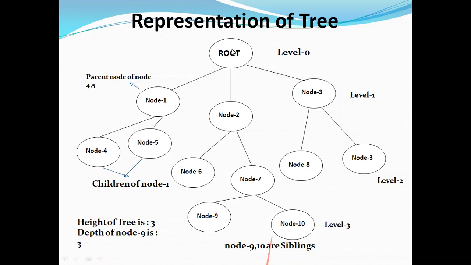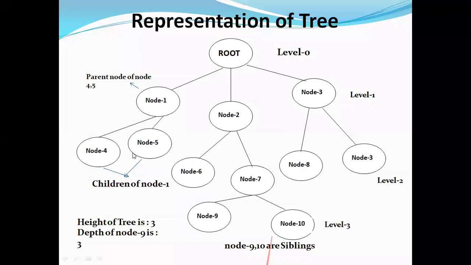You can also say that root is the parent of node 1, node 2, node 3, because all these three have the same parent, that is root. This means node 1, node 2, node 3 become siblings. If I talk about node 1 further having two nodes, node 4 and node 5, then node 1 becomes the parent of node 4 and node 5, and node 4 and node 5 are children of node 1, because they have the same parent, node 1.